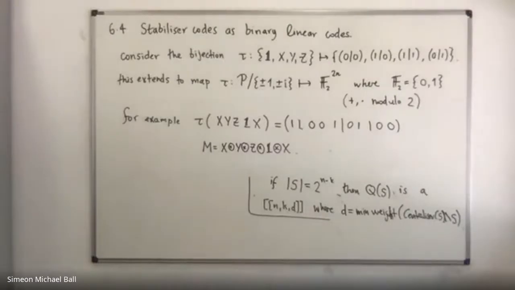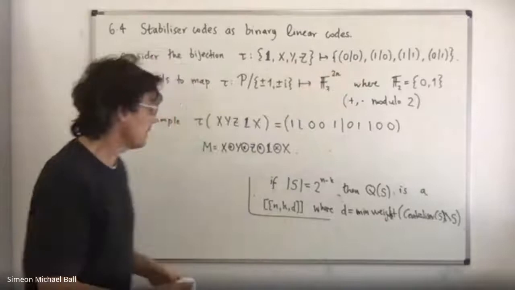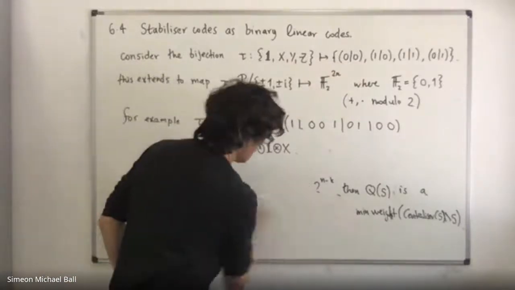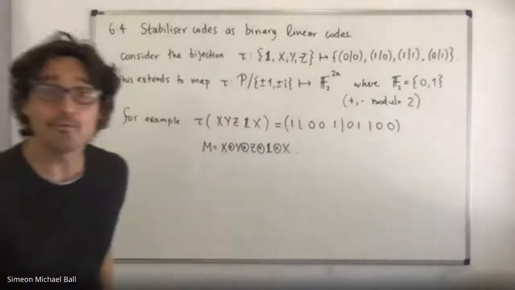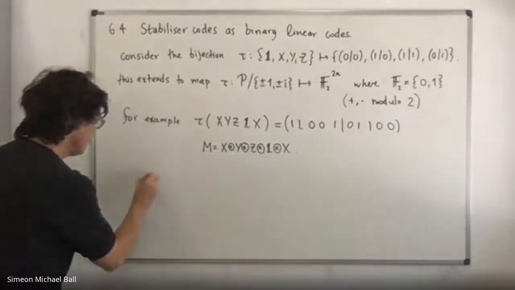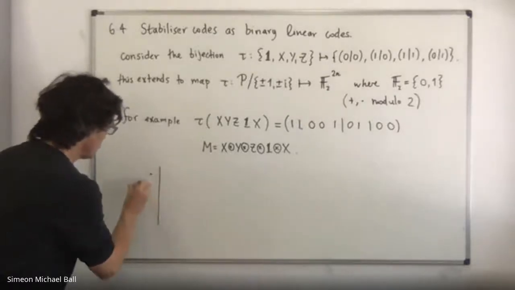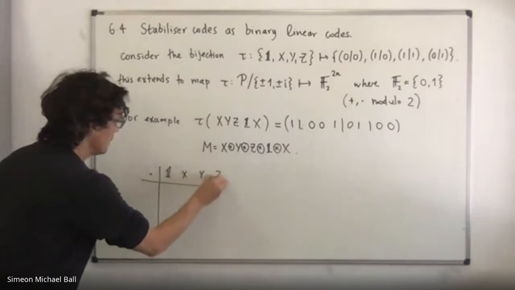Now something marvelous happens in this bijection. If we look at the multiplication table, what do we get? So let's draw the multiplication table: 1, x, y, z.